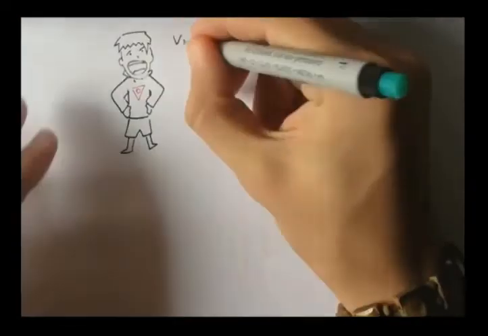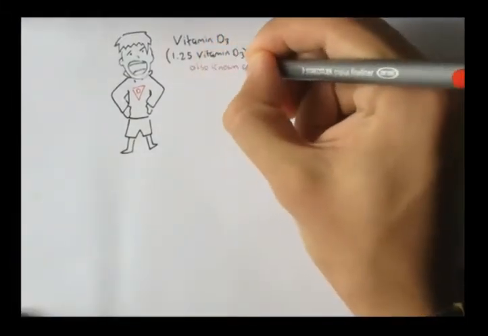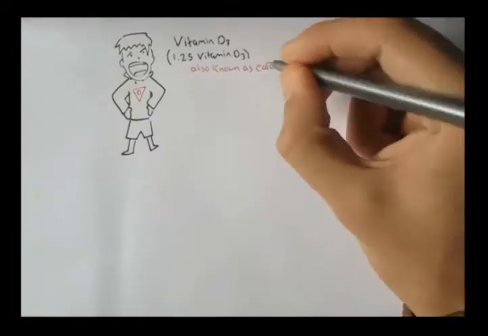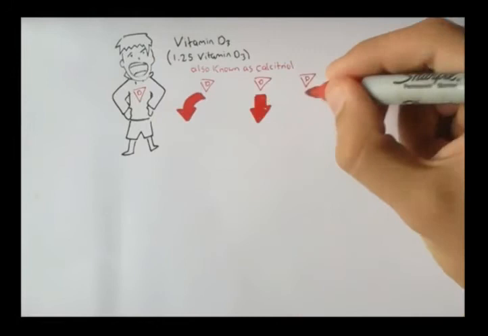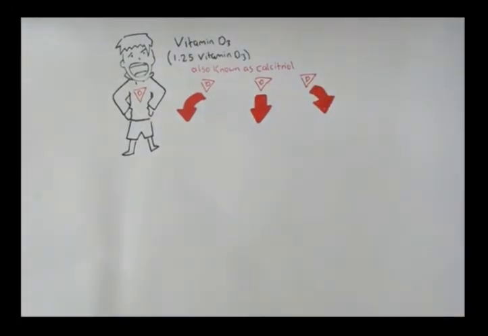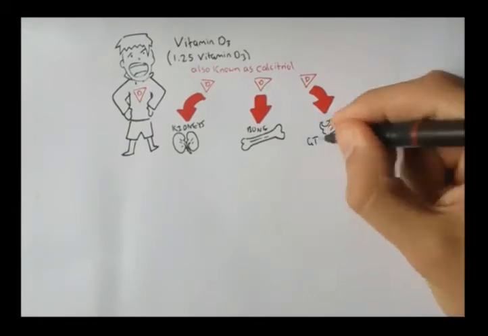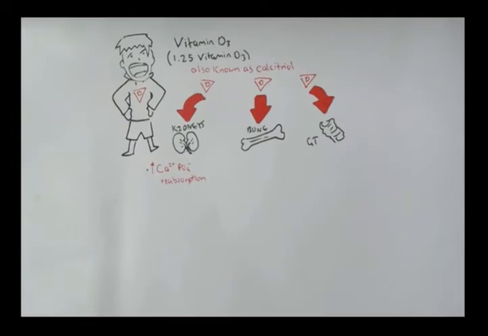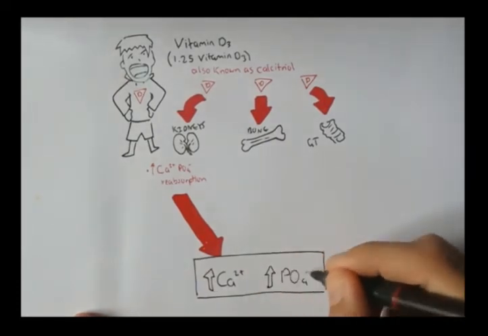For vitamin D, or 1,25 hydroxyl vitamin D3, it also targets the three areas: the kidneys, the bone, and the gastrointestinal tract. Vitamin D3 in the kidneys causes an increased absorption of calcium and phosphate, which will essentially increase calcium and phosphate concentrations in the body.